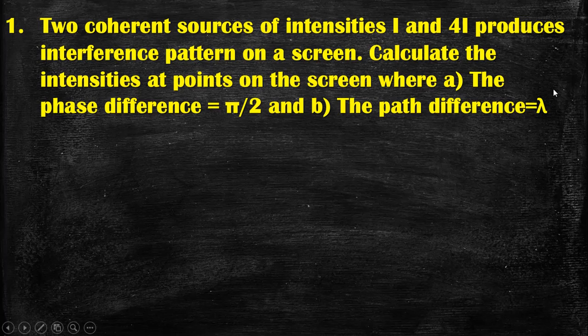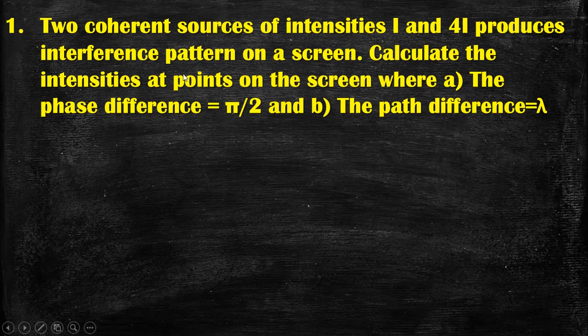If the path difference between two waves equals the length of one cycle, that is lambda, it is equivalent to phase difference 2 pi, that is 360 degree. So if the phase difference is pi by 2, then the path difference is lambda by 4, because pi by 2 is 90 degree. In this way you have to remember the relation between phase difference and path difference.